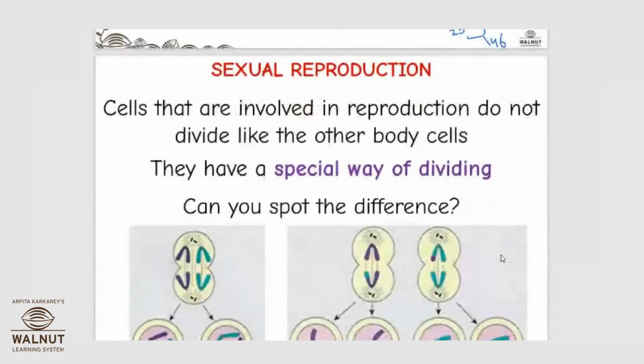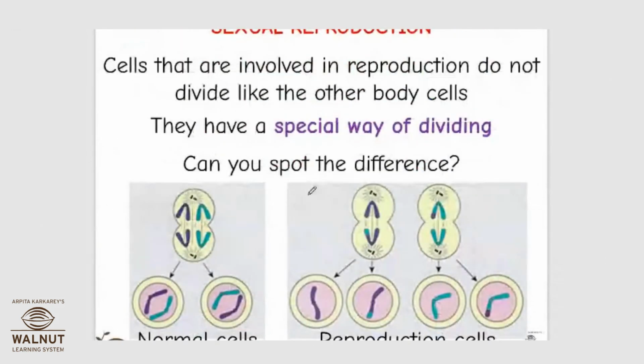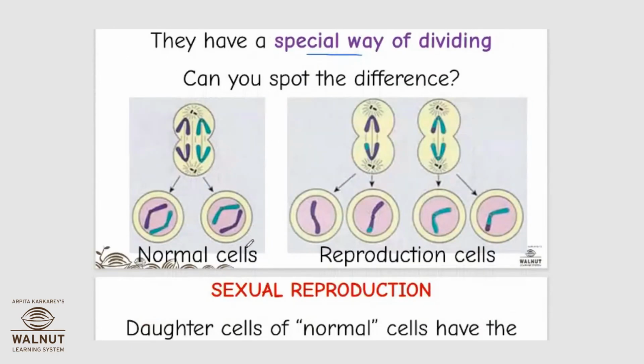Okay, let's move on. So cells that are involved in reproduction do not divide like other body cells. Our other body cells divide differently, and as I said, the cells which have sex chromosomes will divide differently. So they have a special way of dividing. You will see the difference here. These are normal cells. In normal cells, you will see one part from this chromosome, one part from this chromosome, in the two daughter cells you have obtained.